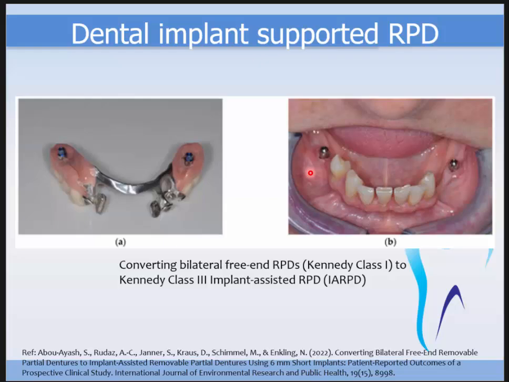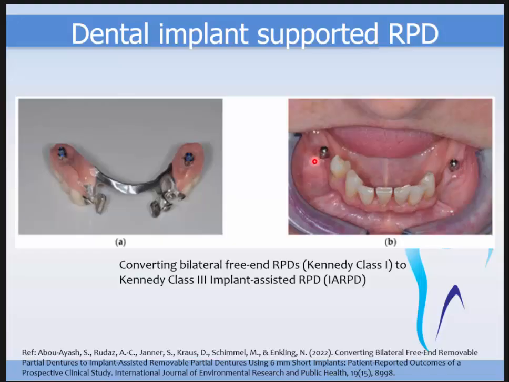To overcome this problem, they have this implant supported RPD or implant assisted RPD to help with the problem of this free end saddle dentures. So they place a minimal number of implants at the back of the mouth, and then they convert the bilateral free end saddle dentures into a so-called Kennedy class 3.